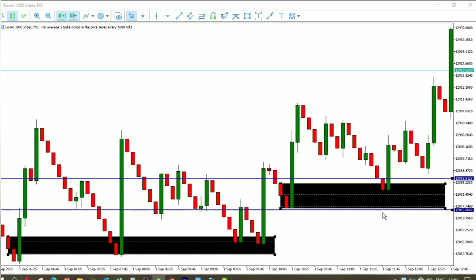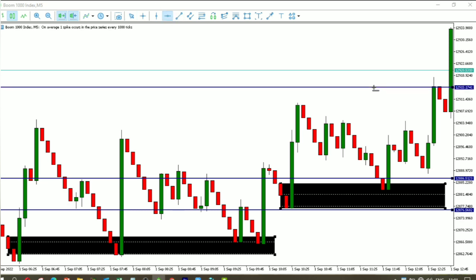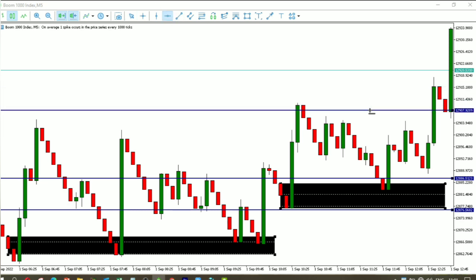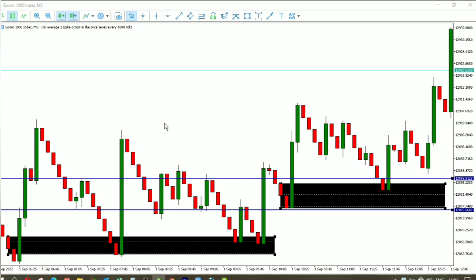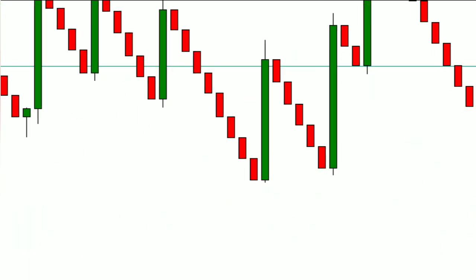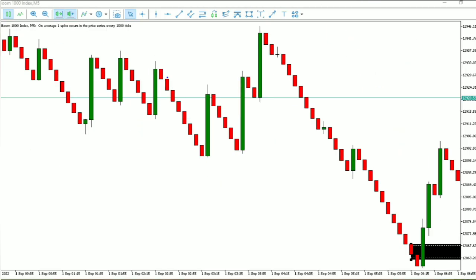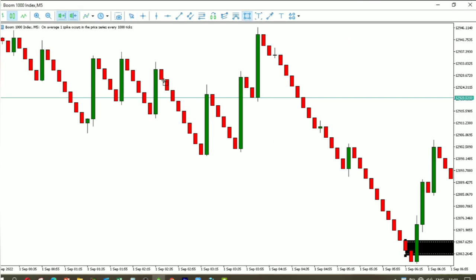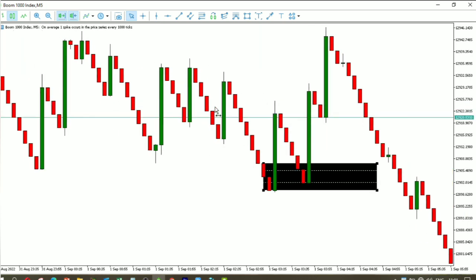And then you put your take profits at 1-to-1 or 1.5-to-1 risk to reward ratio. So you find out that if the market reverses from a zone and makes a huge spike on the 5 minute time frame like this, if you mark out that zone, there's chances that when the market comes back into that zone, it will spike again.